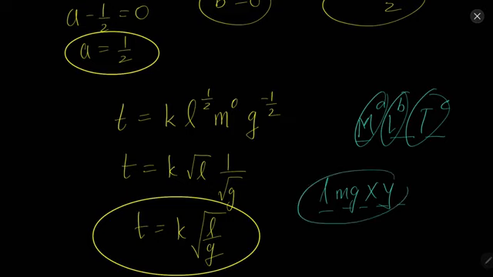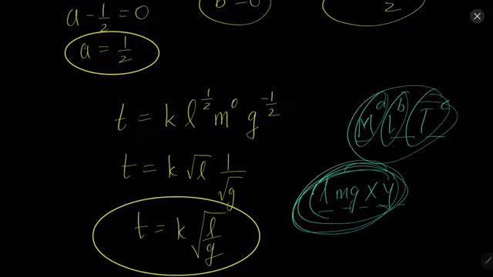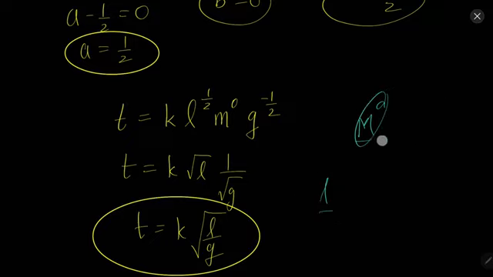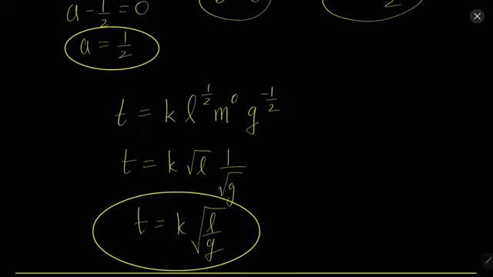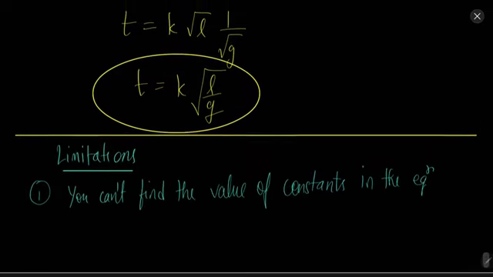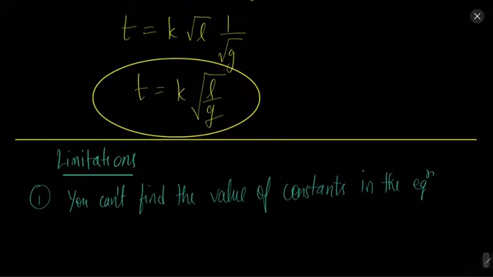So we cannot find 5 unknowns using only 3 equations. So this is one of the drawbacks, that this analysis can only be used if we have M, L, T, which are only 3. So the unknowns must be 3 only, otherwise we will not be able to find them.